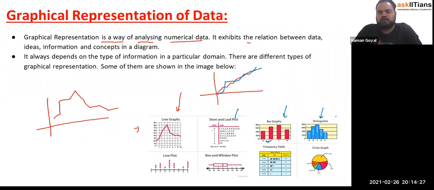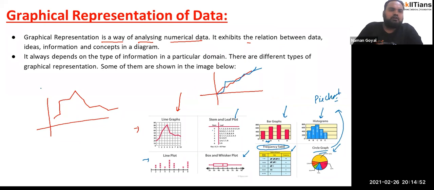We are going to learn about bar graphs and histograms in depth. This is a line plot, this is a box plot, this is a frequency table, and this is a circle graph. In previous classes we learned how to draw a frequency table. The circle graph is also known as a pie chart.